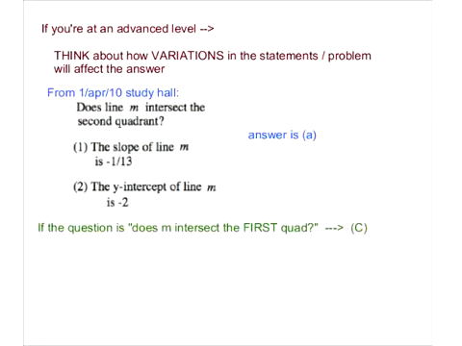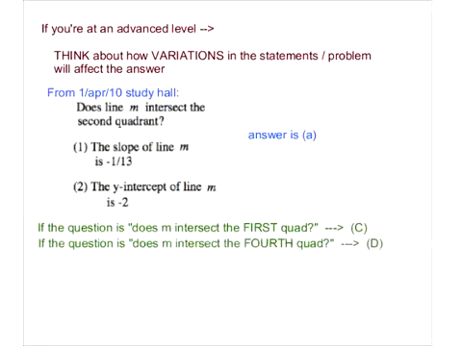If the question is, does M intersect the fourth quadrant, then the answer becomes D. And if the question is, sorry, this is last year's study hall. This is 2010, an old study hall problem.